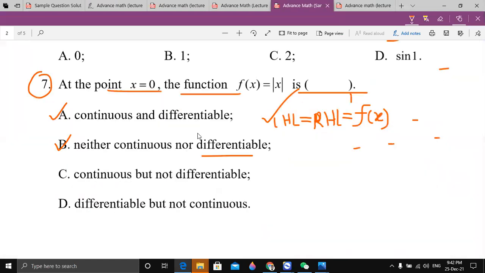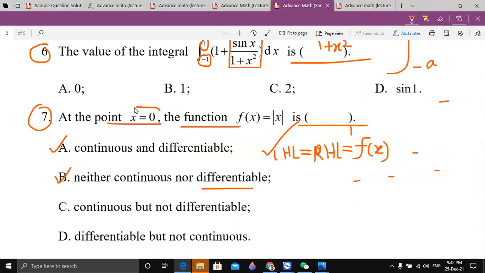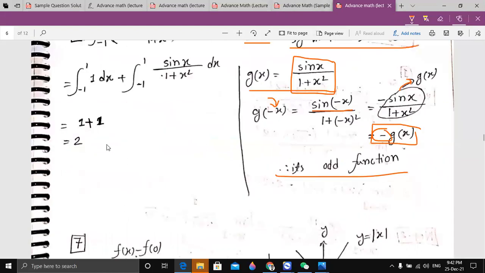What is the point here? The point is x equal to 0, right? So you have to see if this function is differentiable at x equal to 0 or not. Okay, so let's see here.